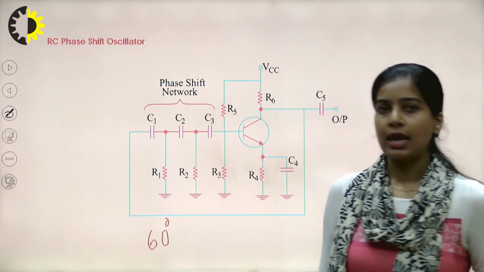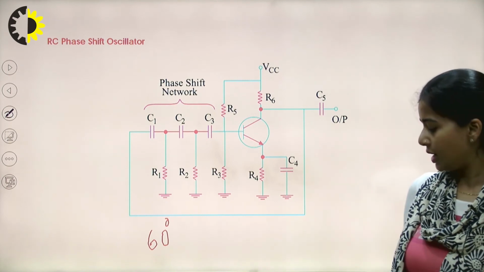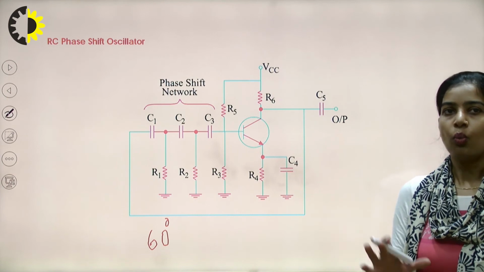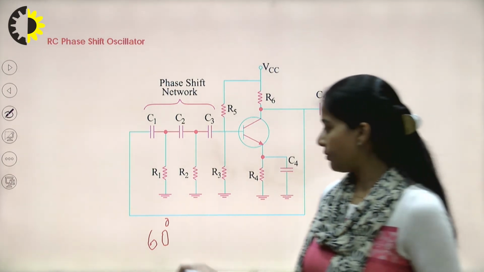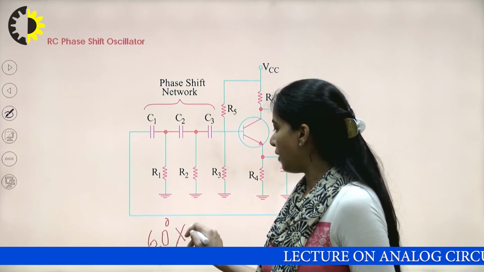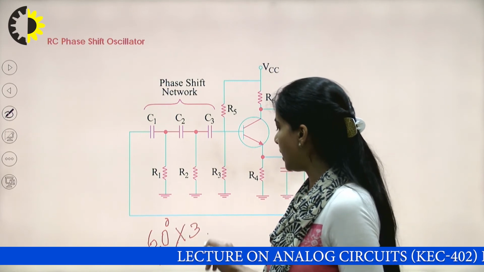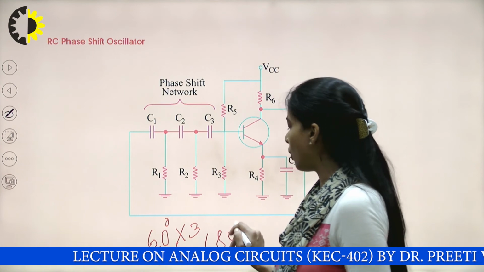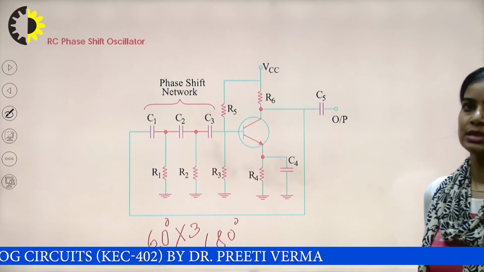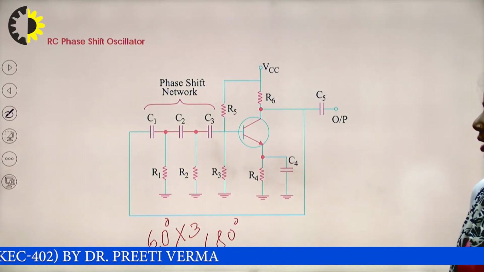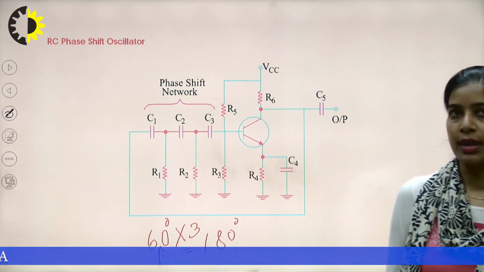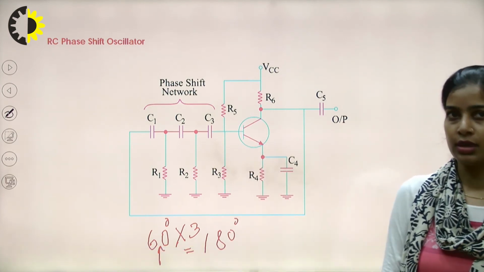So here we are having three such combinations, and this will provide us a phase shift of 180 degrees. Another 180-degree phase shift will be provided by the active device.